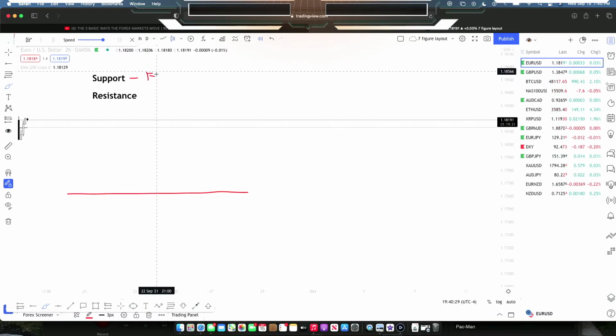I'm going to actually draw this out here. Excuse my handwriting, sorry about that. But support is the floor of the market, right? So you can look at support as your house. In your house, you have a floor. Let's say you took a basketball and bounced it to your floor.